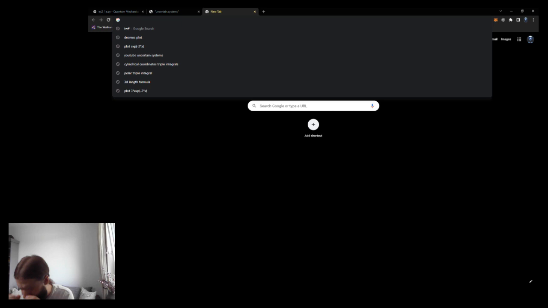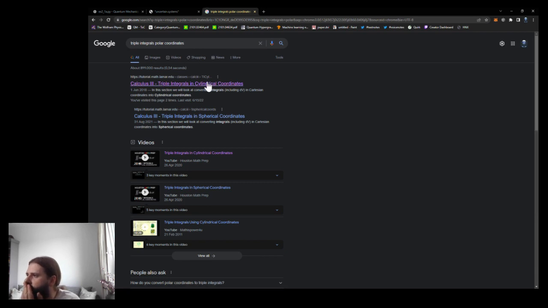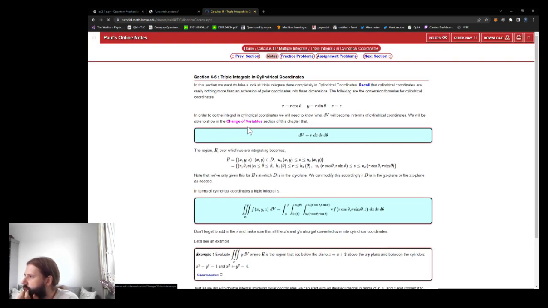Not polar, but cylindrical coordinates. Change our variables.